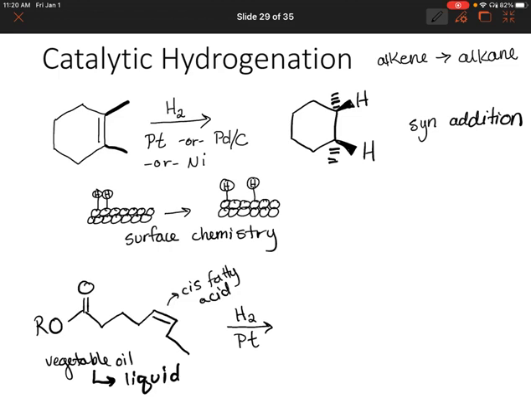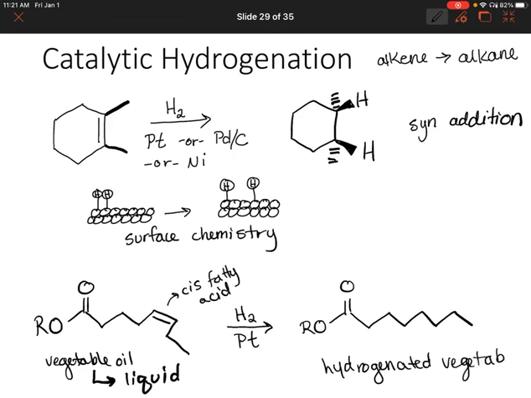Well, we would add hydrogen across that double bond and turn it into a single bond. All right, so this is actually hydrogenated vegetable oil. There's actually a really famous brand of hydrogenated vegetable oil that's called Crisco.